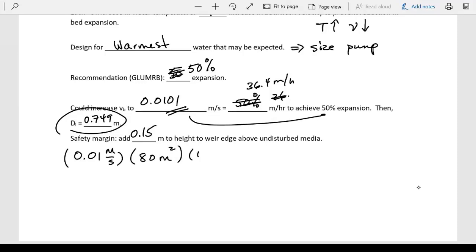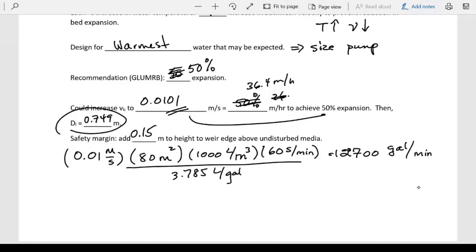And I'm going to convert to gallons, just to give you a sense of when we're backwashing. 0.01 meters per second may not seem like it would translate to a large volume of water. It is actually large, we were pumping almost 13,000 gallons per minute to achieve that backwash rate.